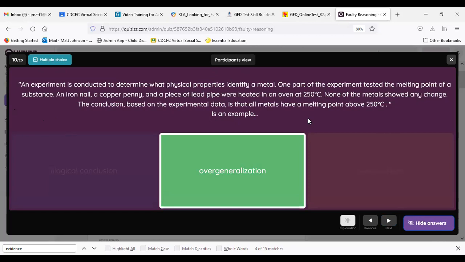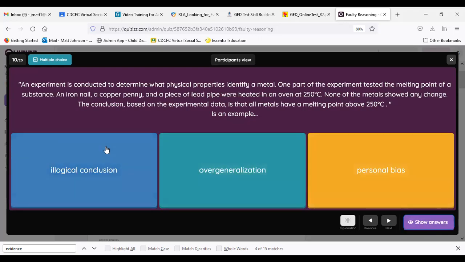No, we know that's wrong. Mercury is basically liquid at room temperature, right? So that certainly has a melting point well below 250 degrees. Aluminum, I think, probably also has a melting point below that. So overgeneralization. No, maybe not aluminum, but certainly you cannot make that conclusion by simply looking at three separate materials.